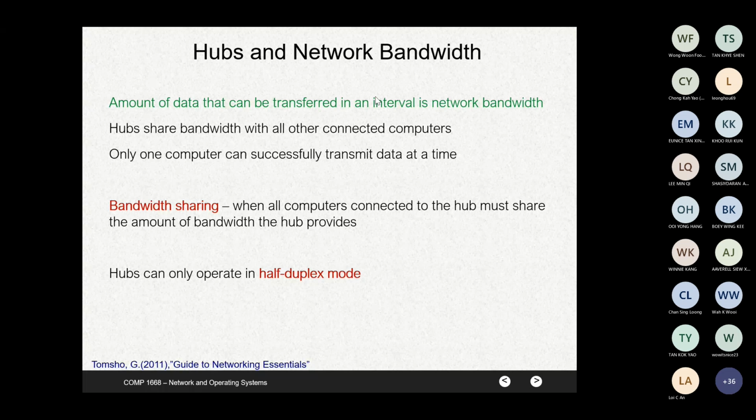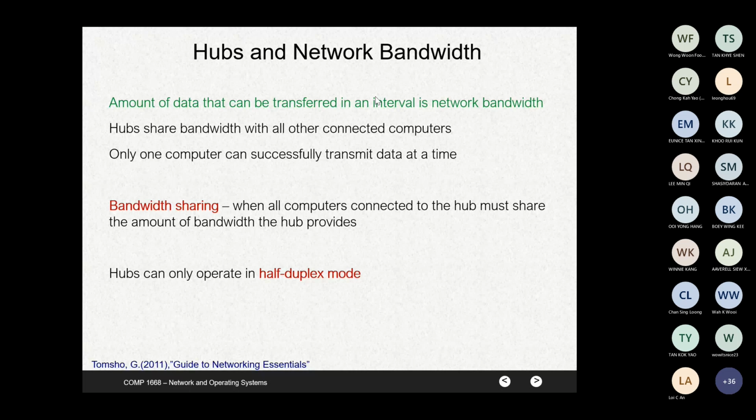And let's say one computer is shut down, so 4, then you divide the 10 by 4, 2.5 Mbps. That's how it works. That's why the traffic, or the bandwidth, will go up and down if you use a hub.